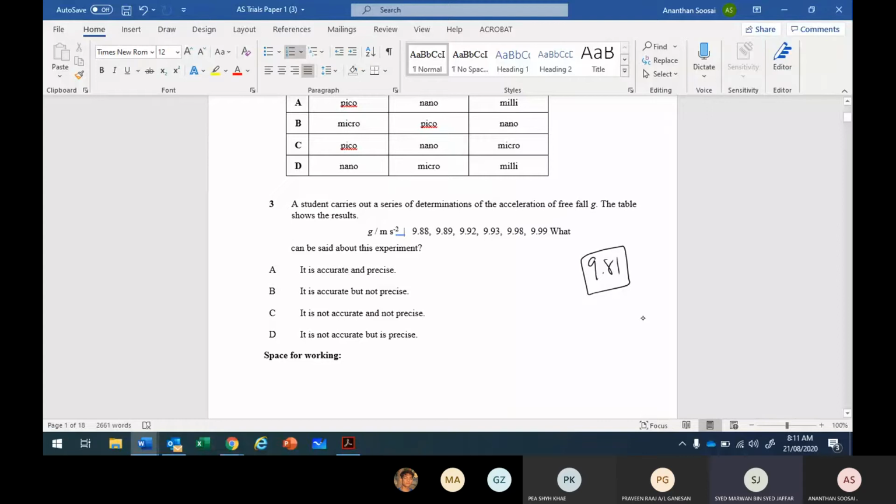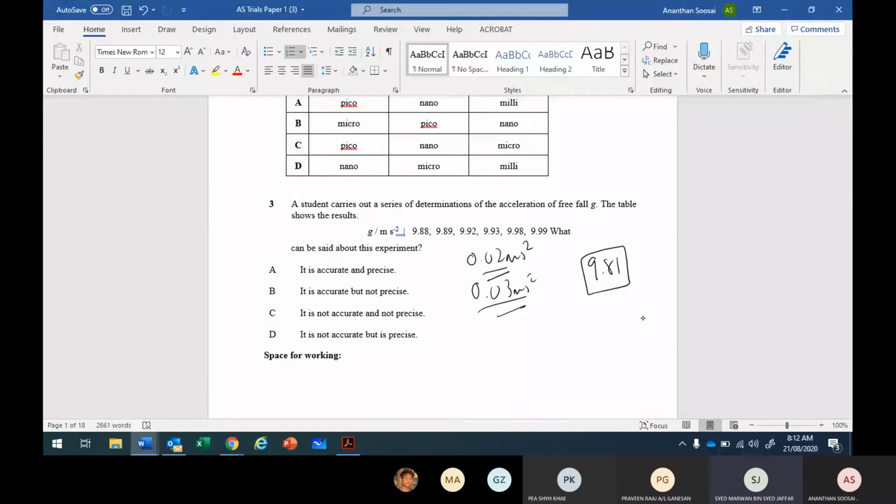So how do we determine how accurate it is? Accurate means even once you need to hit the actual value. Precision, they have to clarify further. They say, is it precise within 0.02 meter per second square? Is it precise within 0.03? They have to give the value, but here they never tell values.